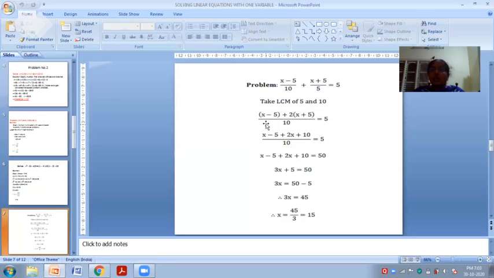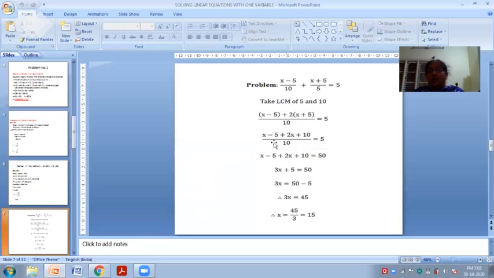Next we simplify the brackets. Therefore x minus 5, next 2 into x, 2x, 2 into 5, 10, that is equal to 5. Now cross multiplication, 10 into 5 is 50, because this is the LHS side and this is the RHS side.